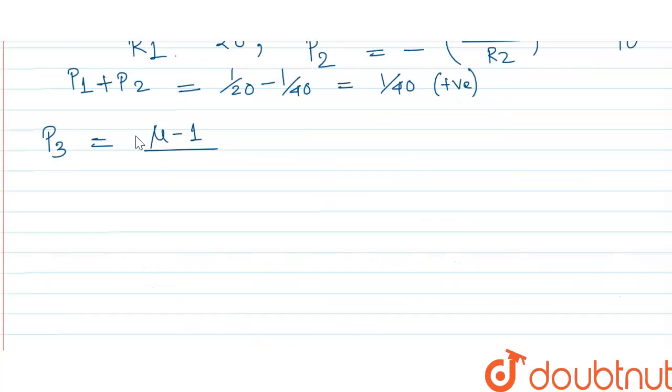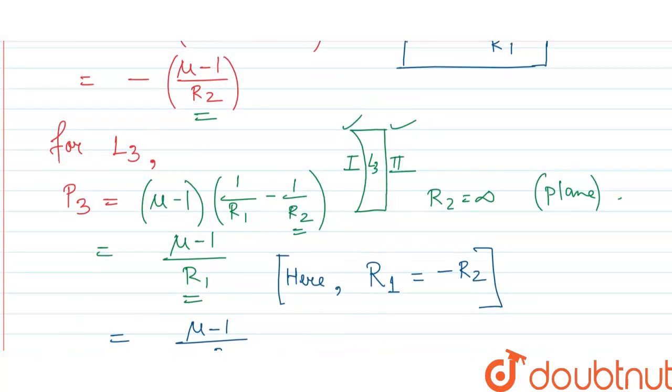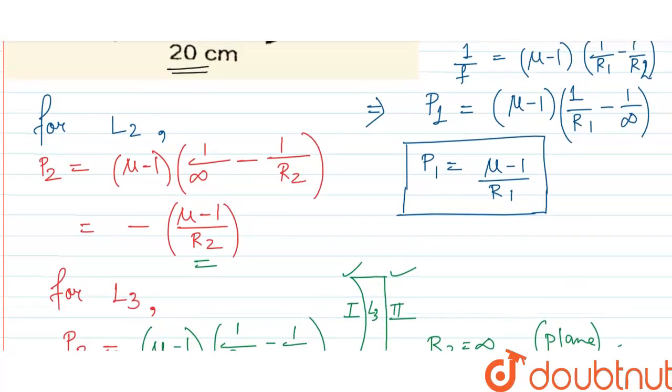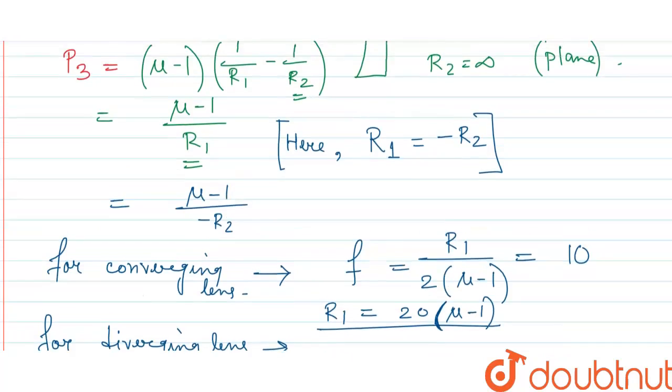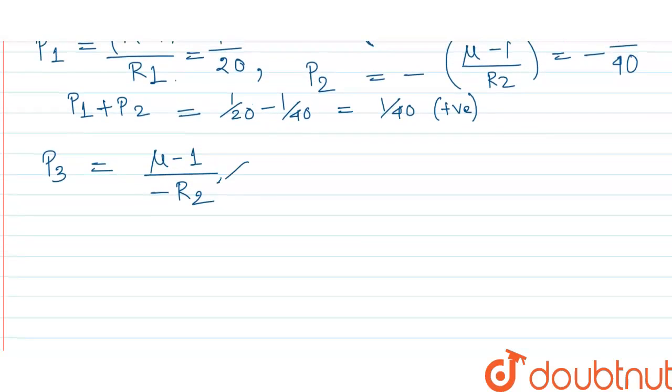P3 was (mu minus 1) by minus R2, the same. See, P2 is also minus (mu minus 1) by R2, and P3 is also the same, (mu minus 1) by minus R2. So it will again be equal to minus 1 by 40 here.